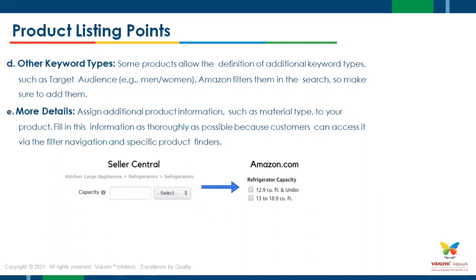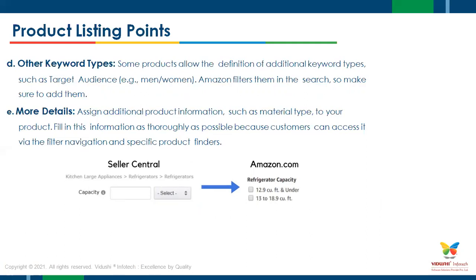We have to consider it as a keyword. So if you are selling something specific for an age group or gender, then we can add these other keywords while listing our products on Amazon.